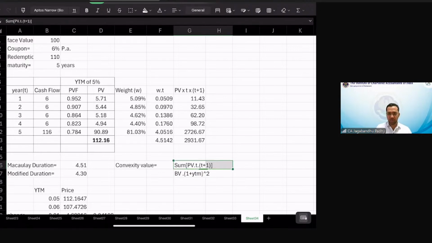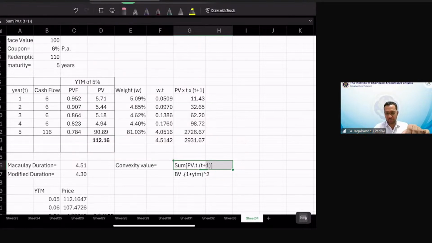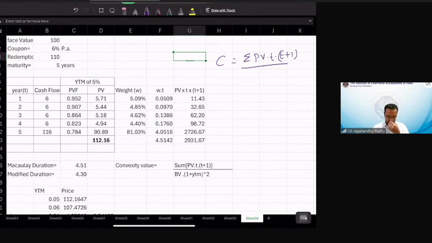Okay, so this is how we calculate the convexity adjustment. So I can say convexity, just write it for you. Convexity is calculated as summation of PV into T plus 1, the whole divided by the bond value into 1 plus YTM square.